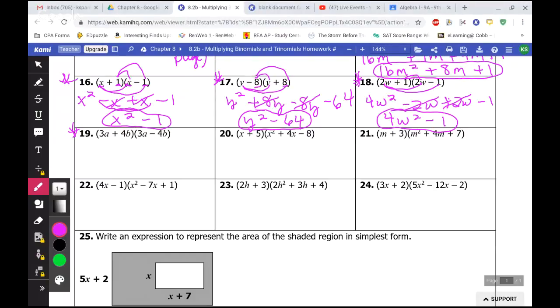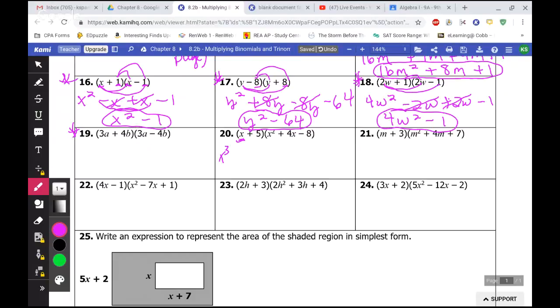All right. So what you want to do when you're multiplying a binomial by a trinomial is you want to multiply this number, or the x, to everything in the second set of parentheses. So x times x squared is x cubed, because you're just adding your exponents.